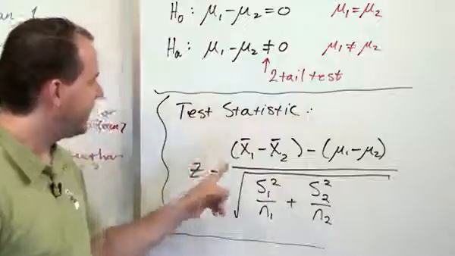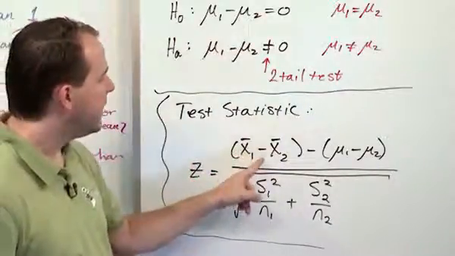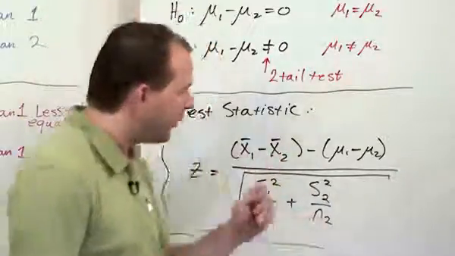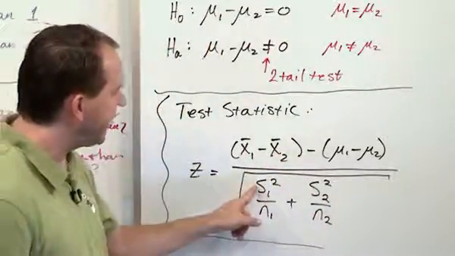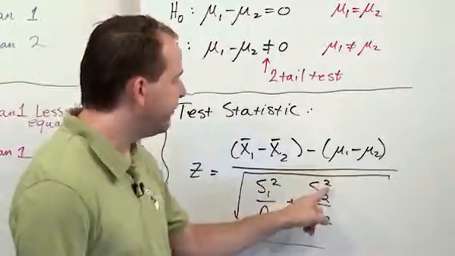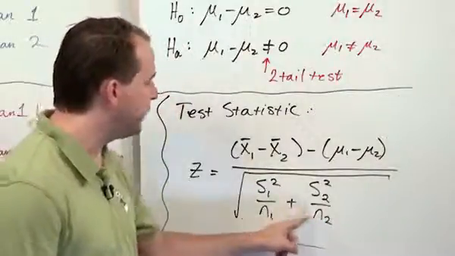So this test statistic takes into account the average value of the data you get from population 1. It takes into account the average value of the data you get from population 2. It also takes into account the standard deviation squared of population 1, the standard deviation squared of population 2, and the number of samples that you picked from each population.